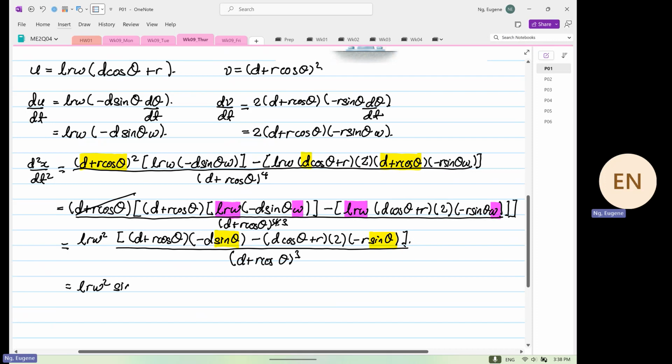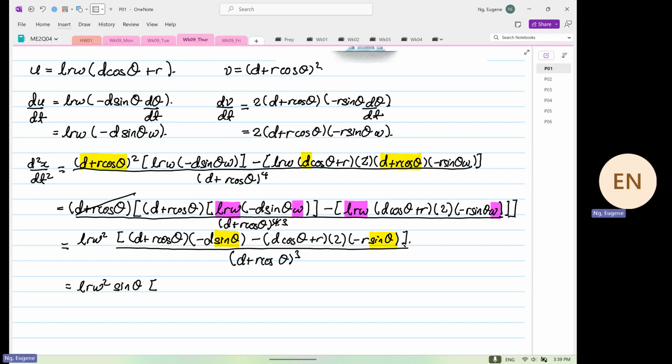Then over here, we will have d plus r cos theta minus d minus d cos theta plus r multiplied by 2 multiply minus r, close bracket again, and then the whole thing goes below. So d plus r cos theta to the power 3.